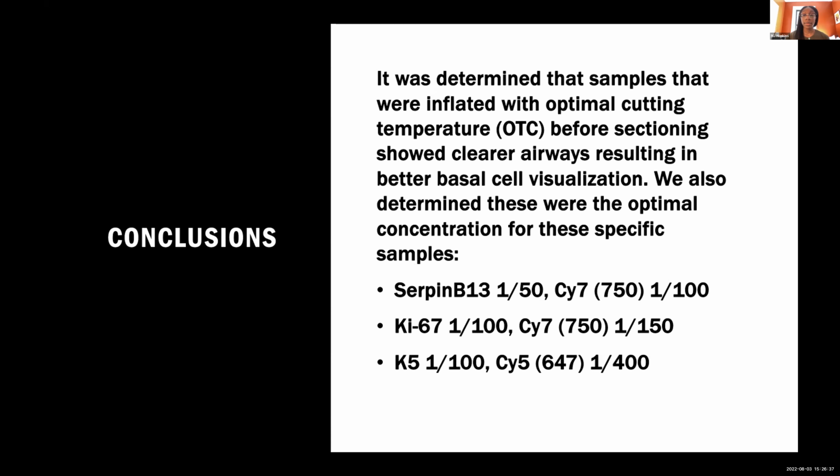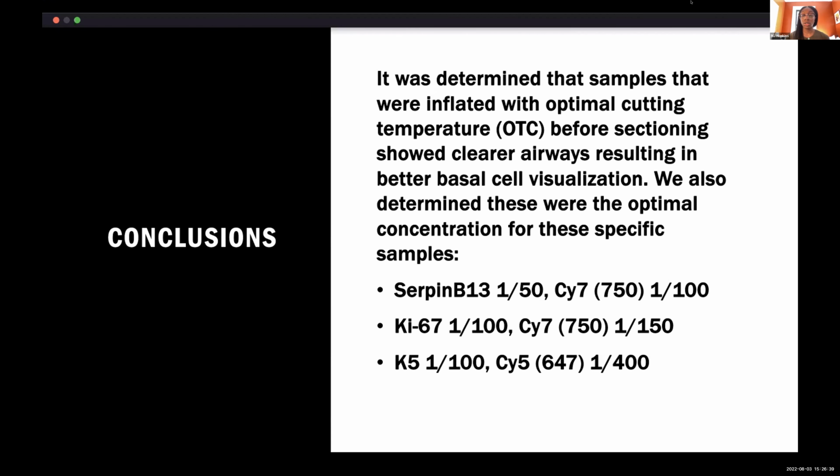For Ki-67, it was around 1 to 100 for the primary antibody, also used with Cy7, and 1 to 150 for the secondary. And for K5, it was 1 to 100 for the primary, with Cy5, and 1 to 400 for the secondary.